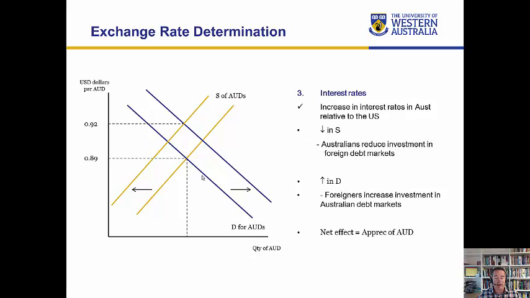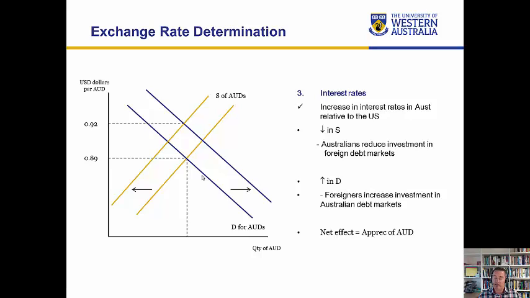The reason why, with higher interest rates in Australia, there is a decrease in supply is because Australian citizens invest their money in financial assets that are paying the higher interest rate, so higher domestic assets that is, and foreigners send more of their money into Australia chasing this higher interest rate. That increases the demand for the Australian dollar. Net effect, an appreciation.